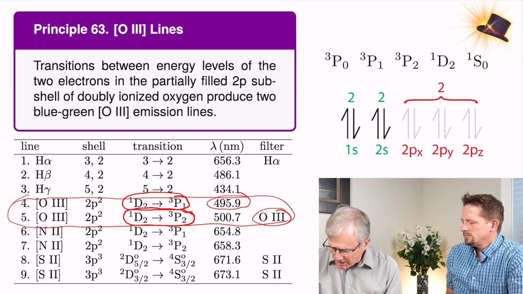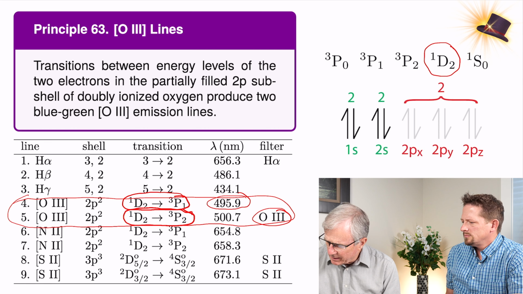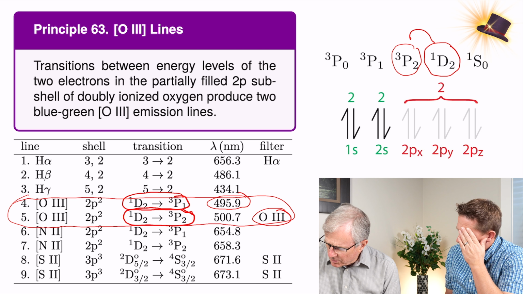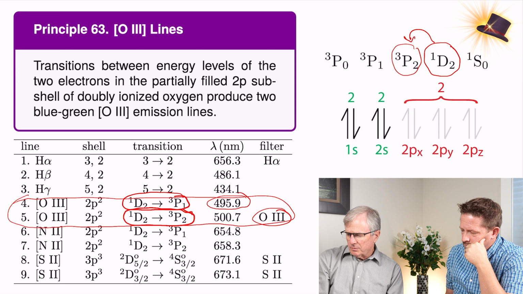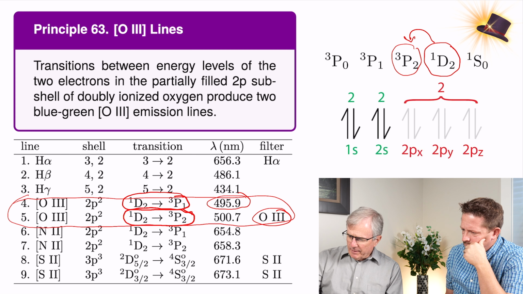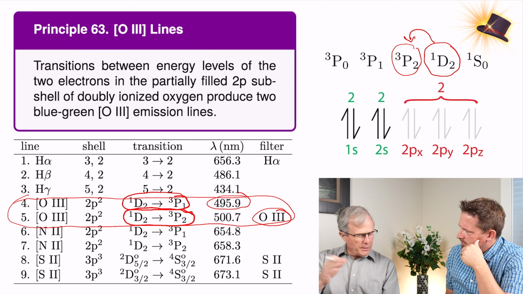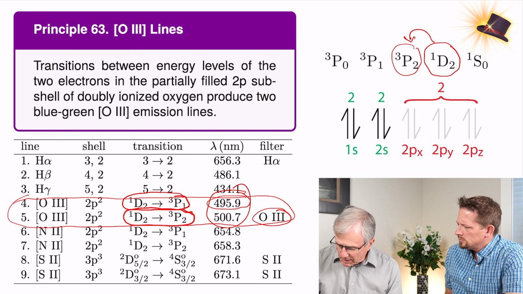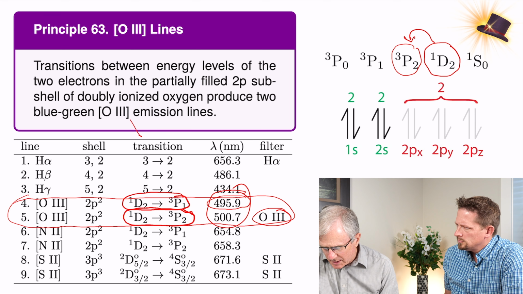The one that really matters here is the 1D2, this one right here, to the 3P2. So it's a transition between those 2 energy levels. And that transition, just like the transitions in the hydrogen atom, going from 3 to 2 or 4 to 2 or 5 to 2, produces these particular emission lines.